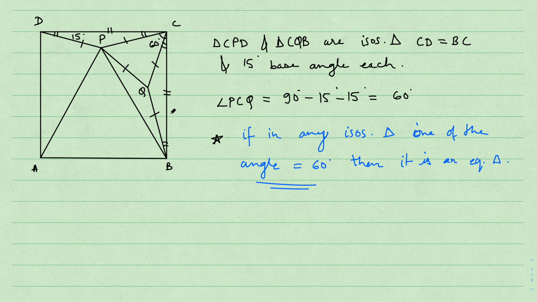So now we can see that angle PQC is also equal to 60 degrees, and angle CQB is equal to 150 degrees, because of 180 minus 15 from this side, which is equal to 150 degrees.